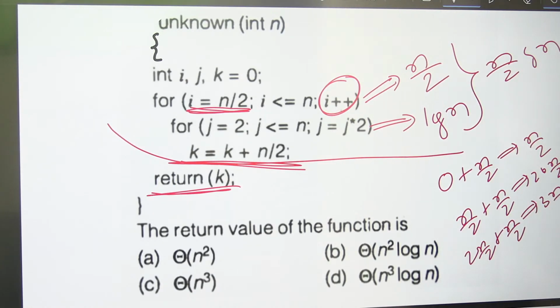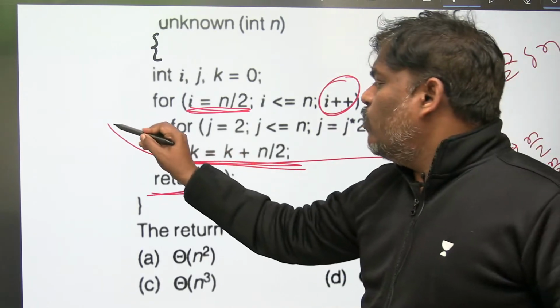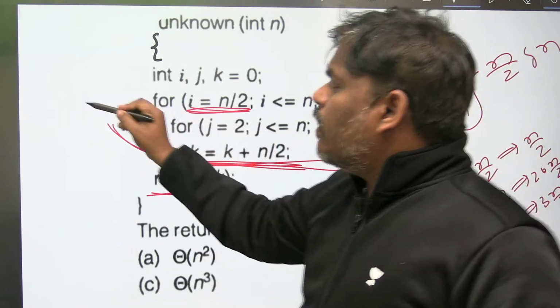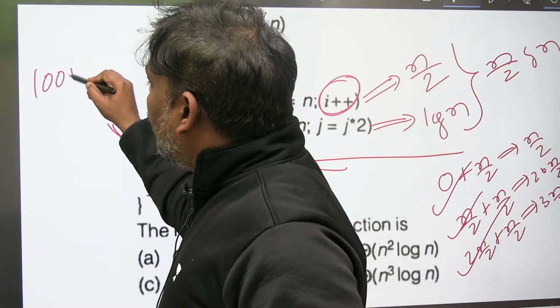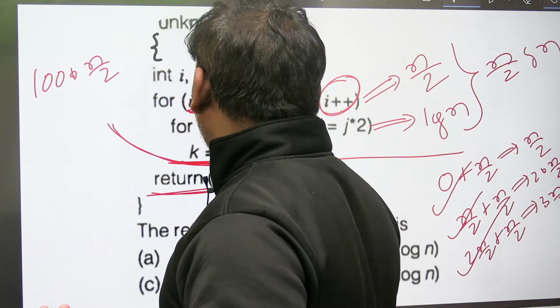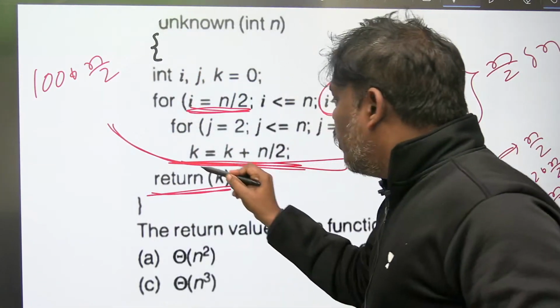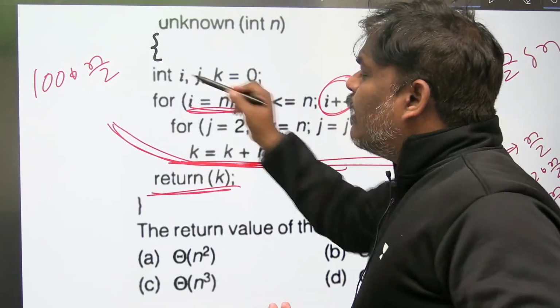So every time n by 2 is incrementing. If I do it 3 times, 3n by 2 comes. If I do this 100 times, 100 n by 2 will come.